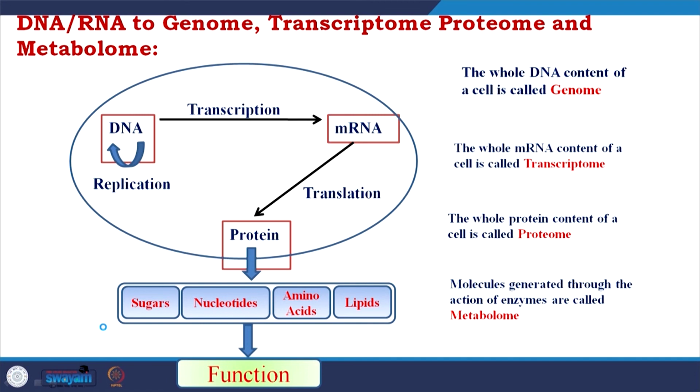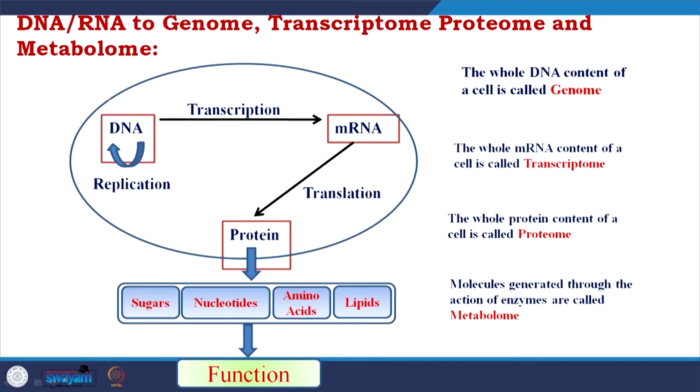The finding of gene sequence, the finding of DNA and RNA sequencing helped us to start looking at the possibilities. We are not happy with only knowing the sequence of a single gene.